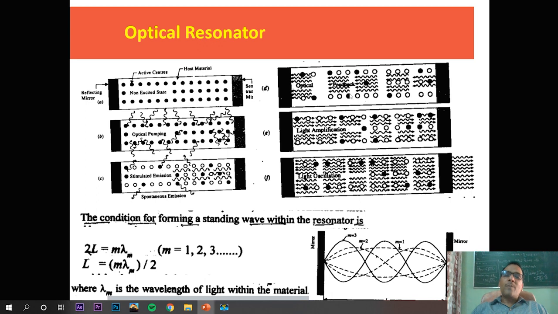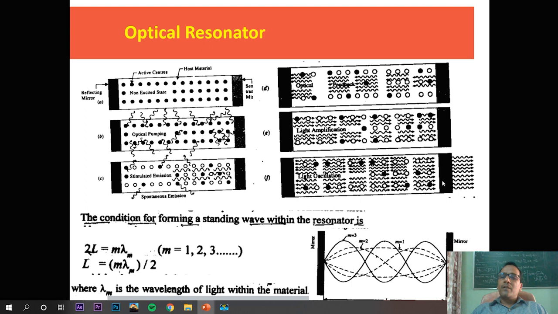So this type of oscillation inside this cavity, inside this resonator, continuously takes place, and after a certain number of oscillations we get parallel photons, and all these parallel photons fulfilling the conditions for constructive interference convert into a high intensity beam.